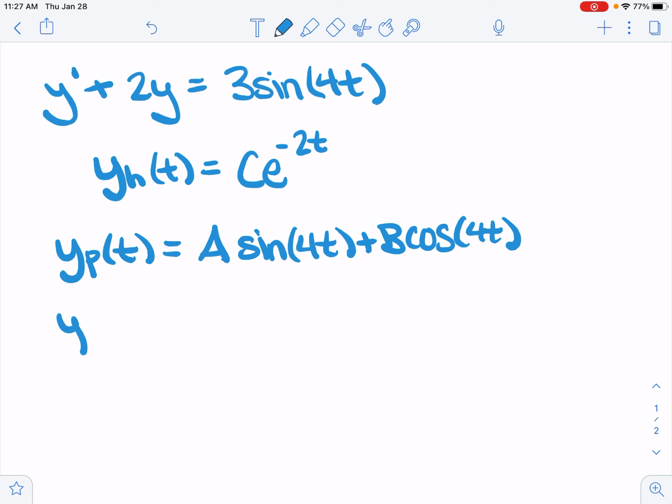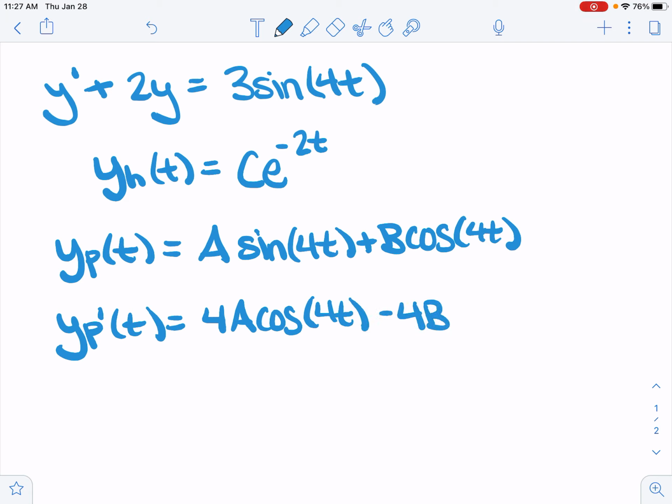So with that guess, the derivative will be 4A cosine 4t minus 4B sine 4t, using the chain rule on each piece of that.